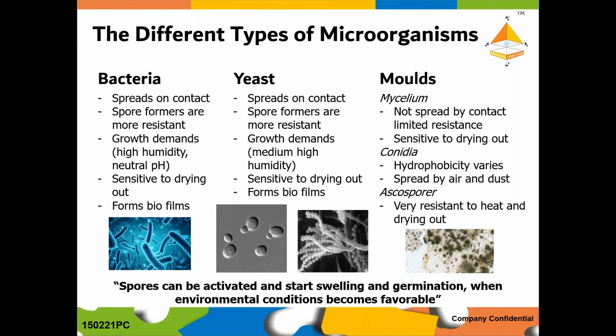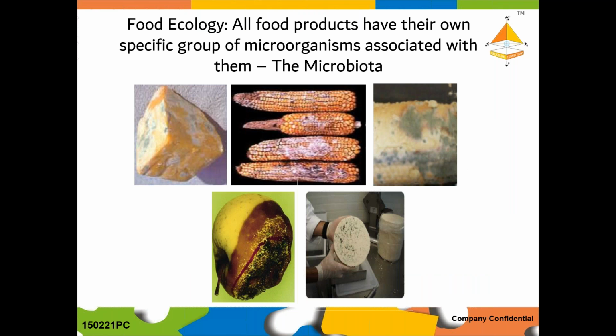Then these are the different types of microorganisms: bacteria, yeast, molds. Food ecology. So you can see that all food products have their own specific group of microorganisms associated with them, which is called the microbiota.